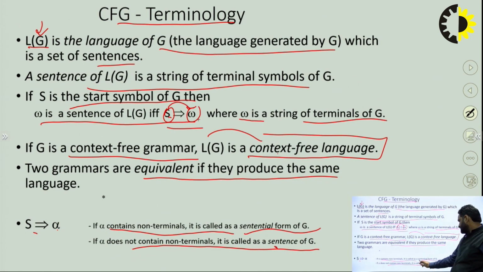This is called a sentential form of G. And if it does not contain any non-terminal, only terminal symbols, then it is known as a sentence, or we can say a string of G.